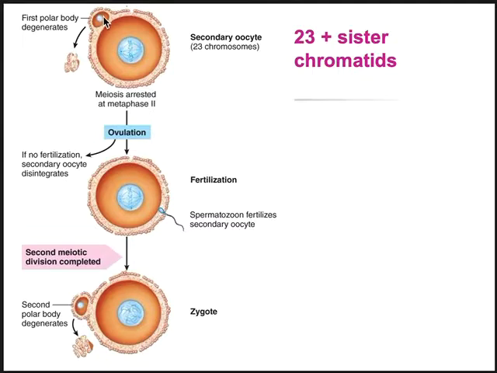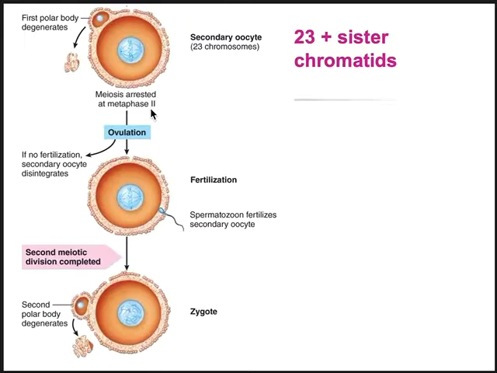And then you get this tiny second cell, which has the other set of chromosomes, right? But it's not going to continue with meiosis. It's going to degenerate and die. Okay, but this has helped accomplish the goal of making a big cell with 23 chromosomes. Okay, and then meiosis is arrested at metaphase 2 and waits.